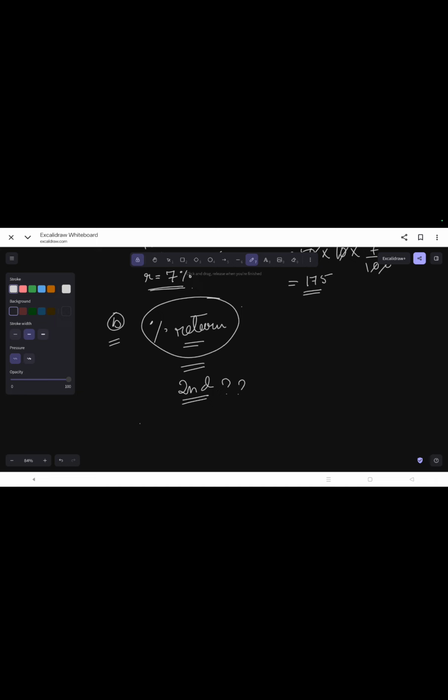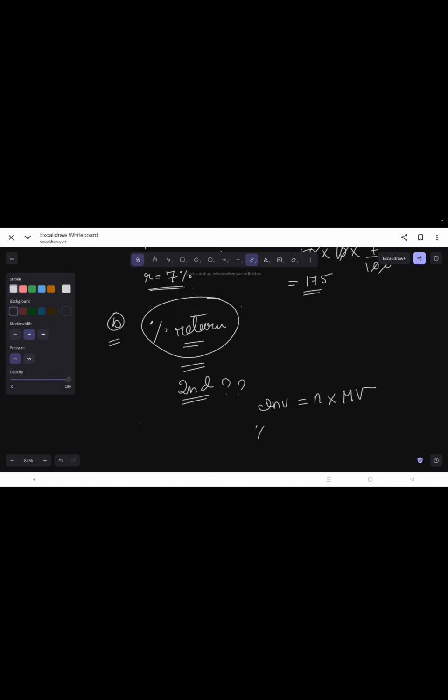We know investment equals number of shares into market value. Investment equals N into MV.